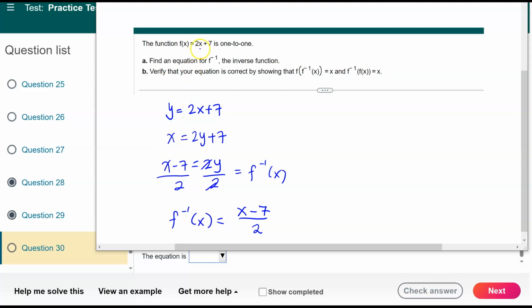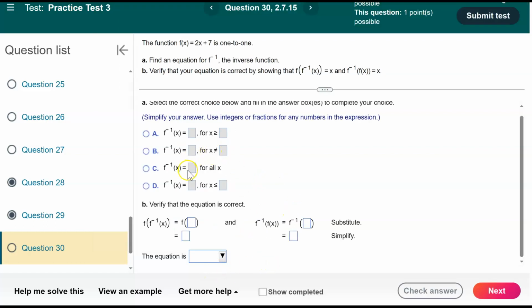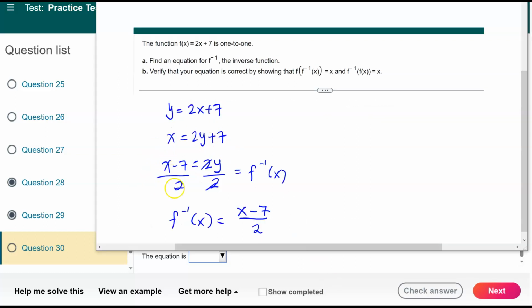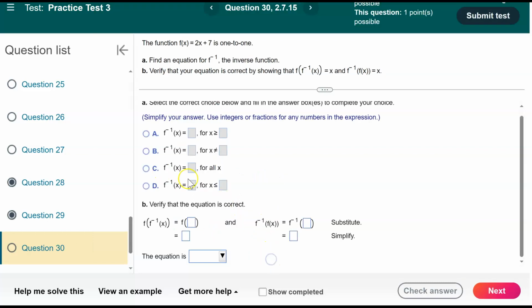Now here, this is just a line. The domain of a line is the set of all real numbers, and also the range is the set of all real numbers. So the answer here should be for all x. You copy that, so that's for all x, and then you write down the expression x minus 7 over 2 here.